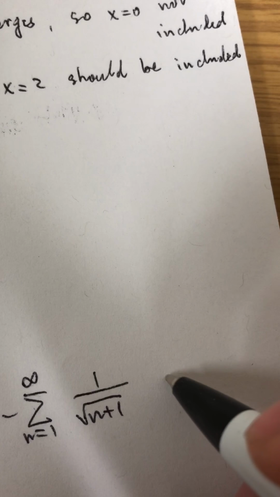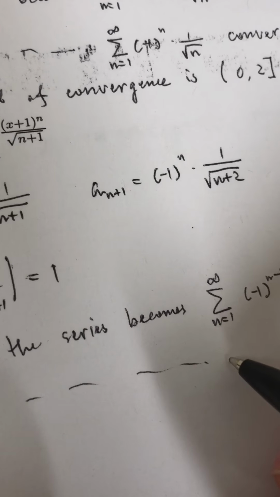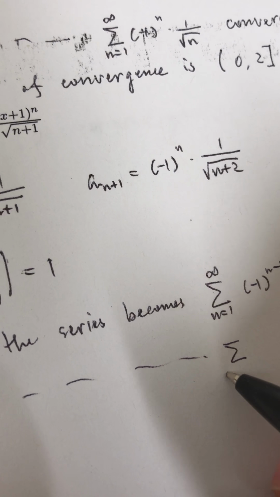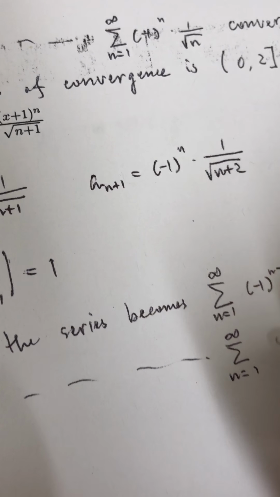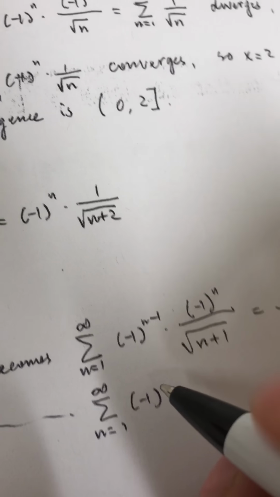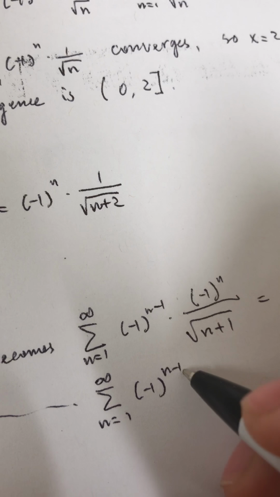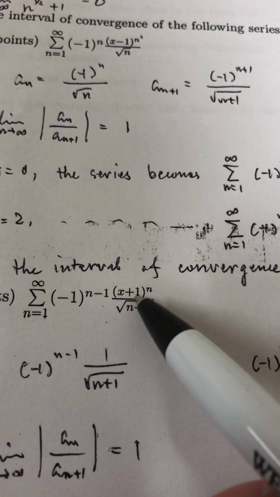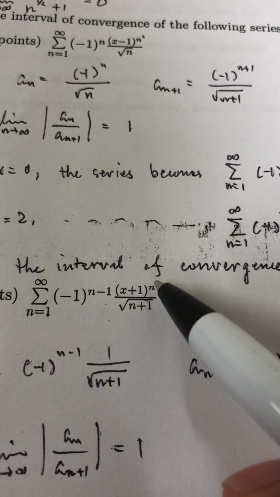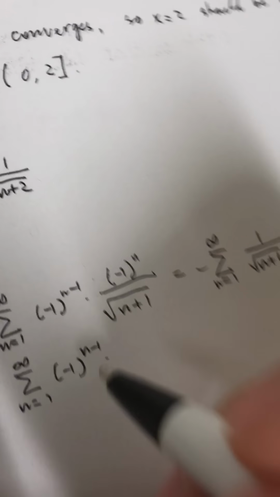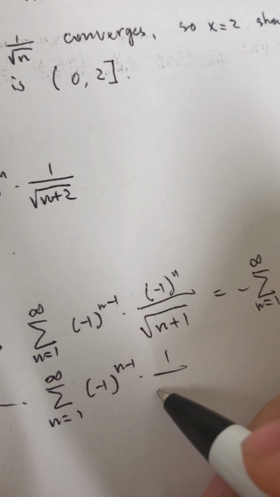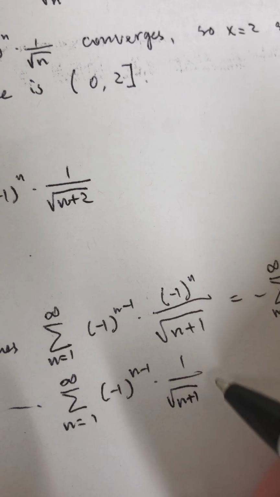Now, similarly, we check x equals 0, and the series becomes, when x is 0, x plus 1 is just 1. 1 to the n is again 1. So here is just 1 over root n plus 1.